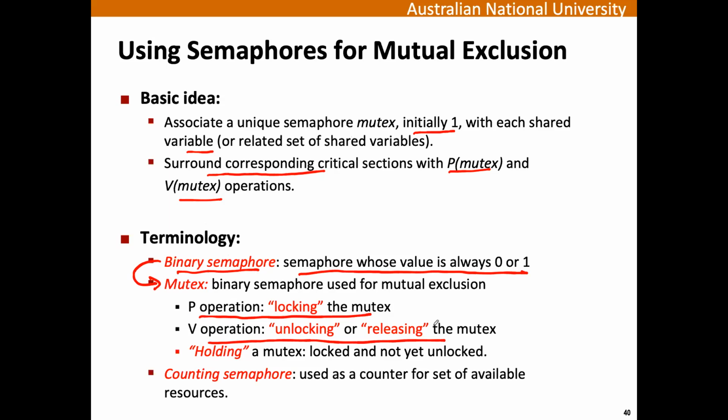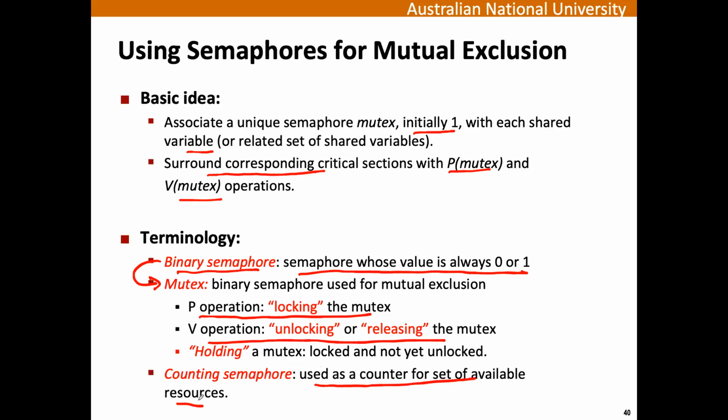So threads lock the mutex or unlock/release the mutex. And when a thread locks a mutex and it's executing the critical section, we say that the thread is holding the mutex. And then there are counting semaphores used as a counter for a set of available resources.